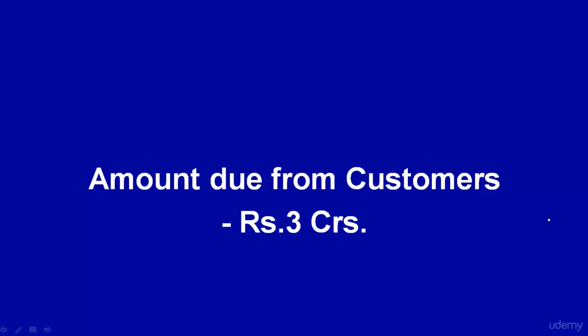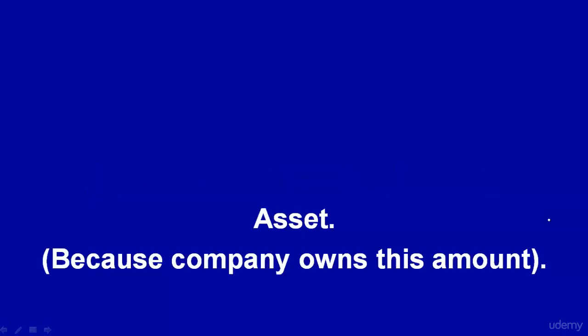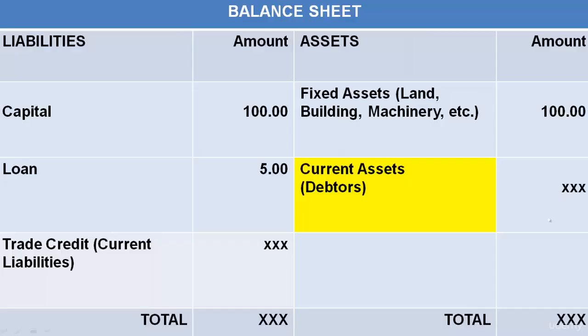This is the amount which the organization has to receive, or this is the amount the organization has right to receive, the ownership. Anything on which you have the right to receive or ownership is an asset. So this will come here in the balance sheet asset side as debtors. Anything which is due, which you have to receive, is a debtor, and it will appear here, debtors 3 crore.